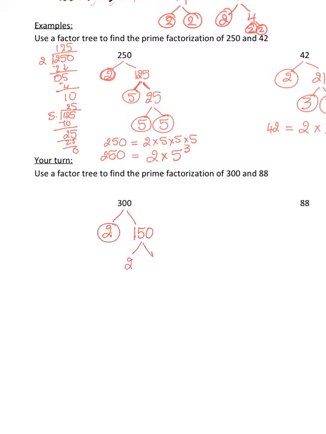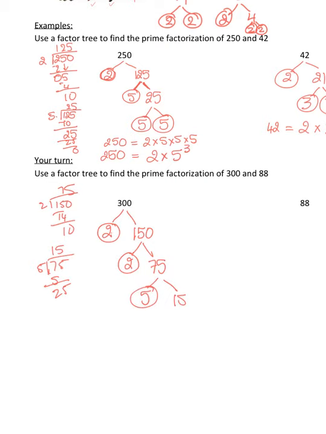Oh, I forgot to circle my prime number. 150 divided by 2 will be 75. 75 is not divisible by 2, it's divisible by 5. Take 75 divided by 5, 15. 5 is a prime number, 15 is not.